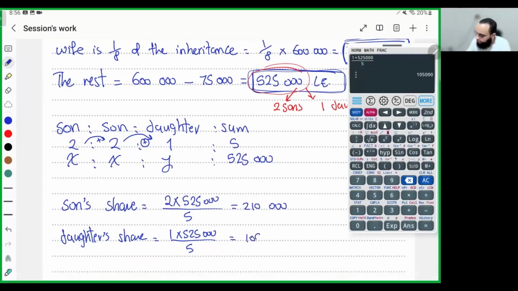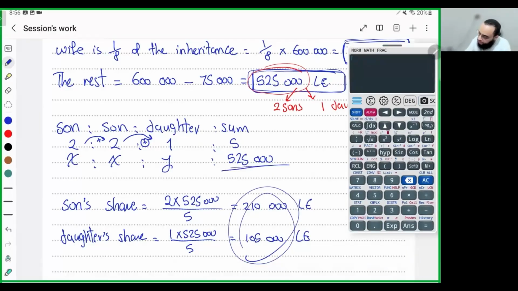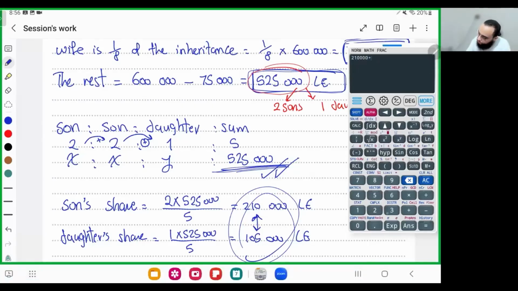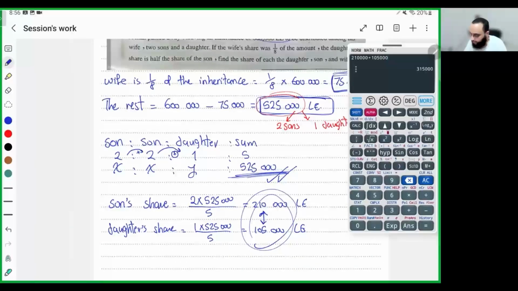It's 105,000. The addition of these numbers should be the same as the sum of the sons and the daughter together. The sum should be like this sum. 210,000 plus 105,000. Oh, there is a mistake here. We did a mistake.